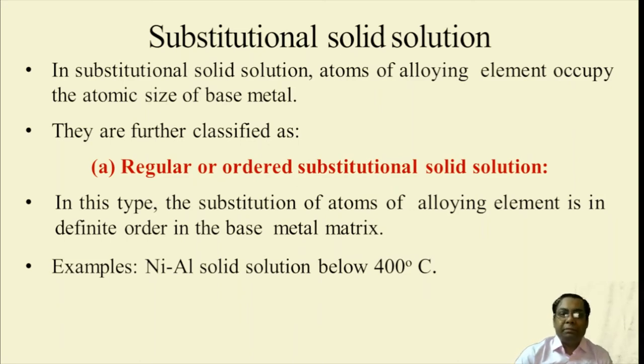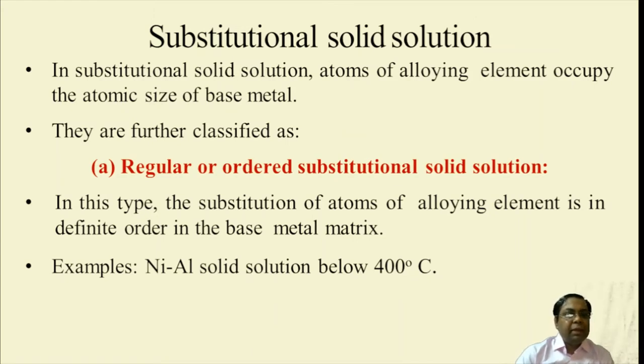The atoms of the alloying element occupy the atomic sites of the base metal. They are further classified as regular or ordered substitutional solid solution and irregular or disordered type solid solution. Let us check first the regular or ordered type, and after that the disordered type.